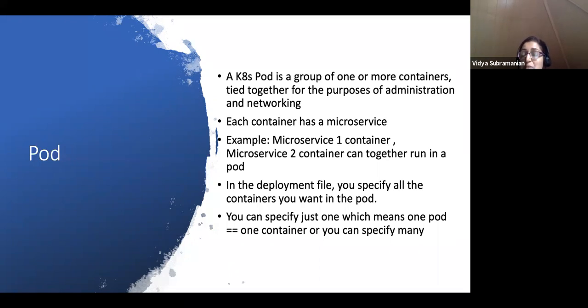You can specify as a developer just one container per pod. So it can be one-to-one, or it could be that in one pod there are many containers. The deployment file is where you will specify all of that, and we'll look at some samples of it later today.